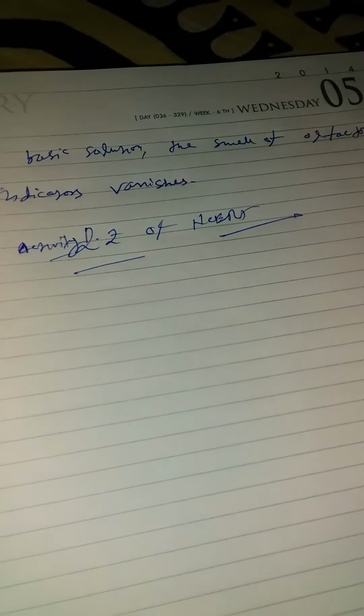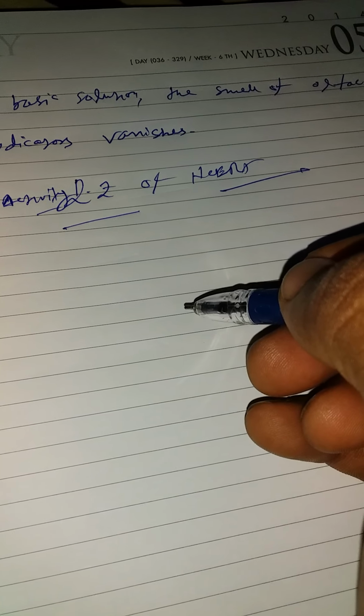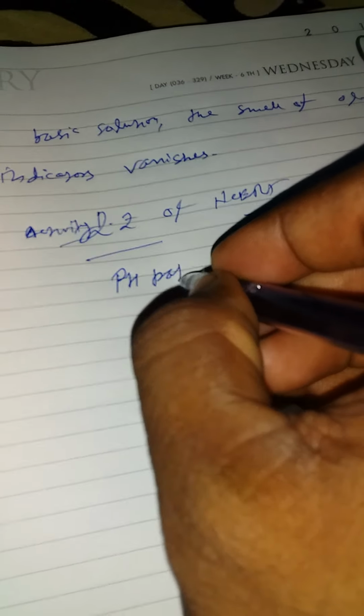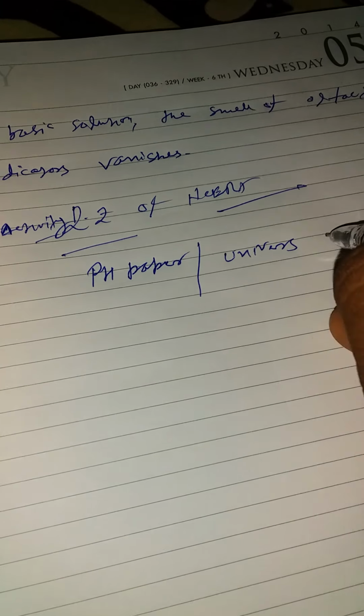Activity 2.2. Now we have to learn about pH paper or universal indicator.